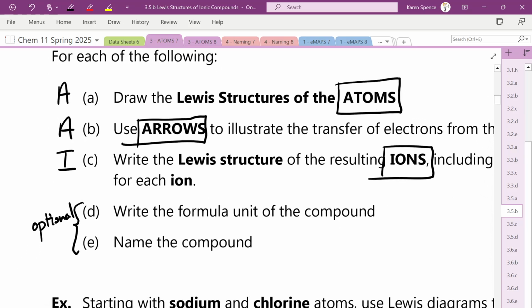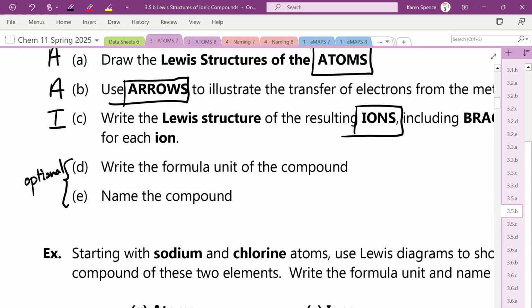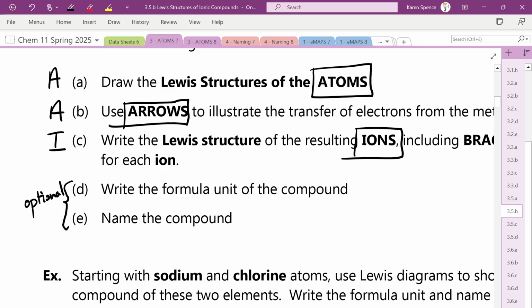Okay? So let's start with sodium and chlorine. Very, very easy. Okay? Sodium. How many valence electrons? Sodium has 1. Chlorine has 1, 2, 3, 4, 5, 6, 7.